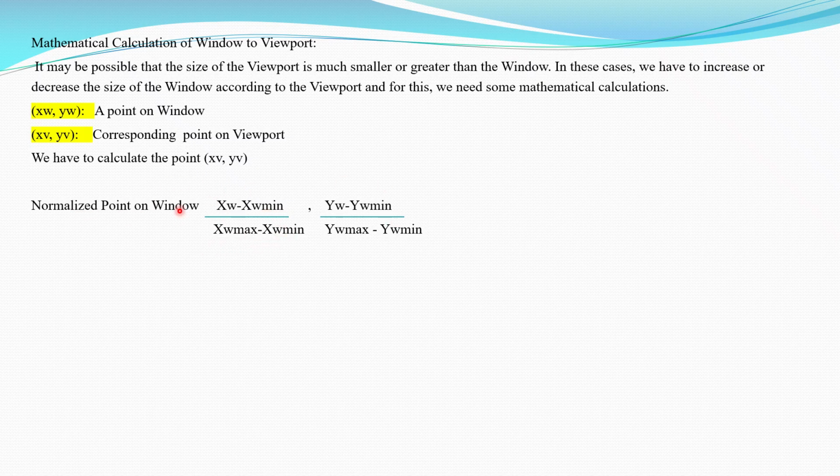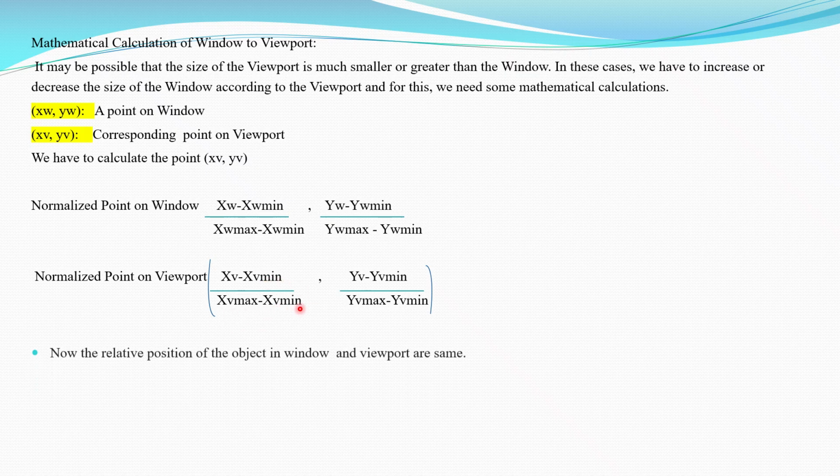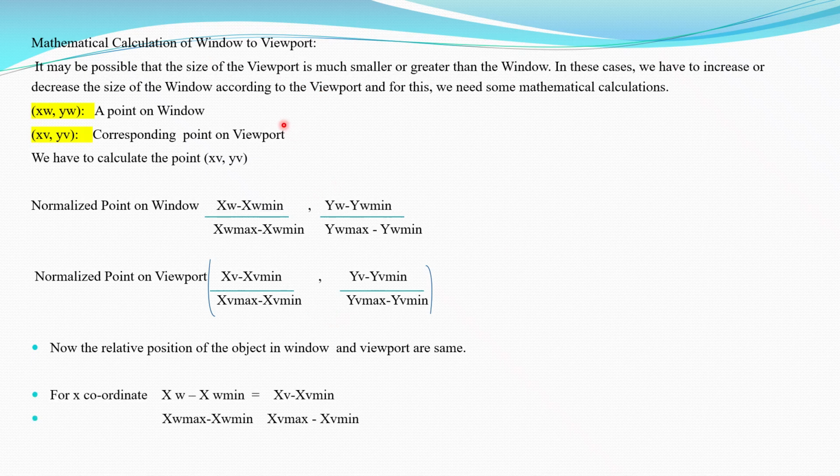This is the normalized point for a window for the x-axis, and for y it is yw minus yw min divided by yw max minus yw min. In the same way we write it for the viewport as well: xv minus xv min divided by xv max minus xv min. Why are we doing this? Because we want the viewport coordinates in a zoomed image.